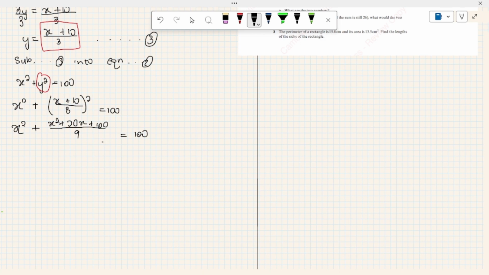So what we're going to do again is multiply by 9 to remove this 9. Everything needs to be multiplied by 9.